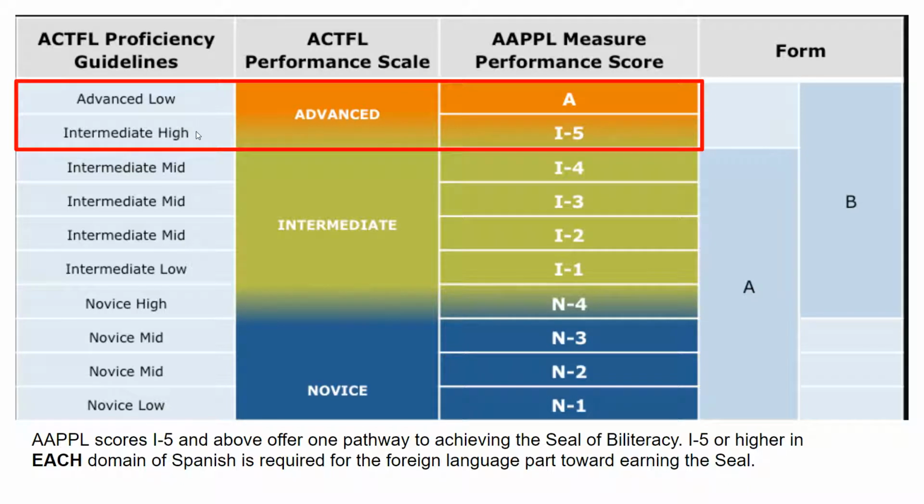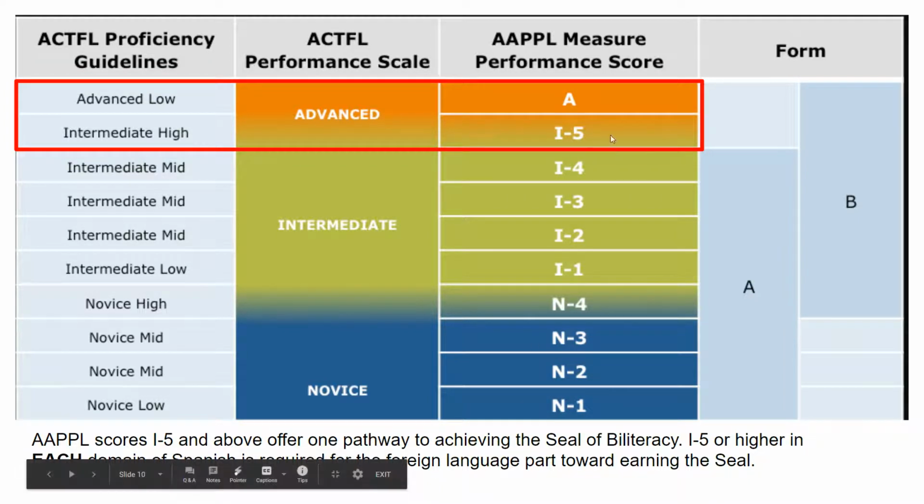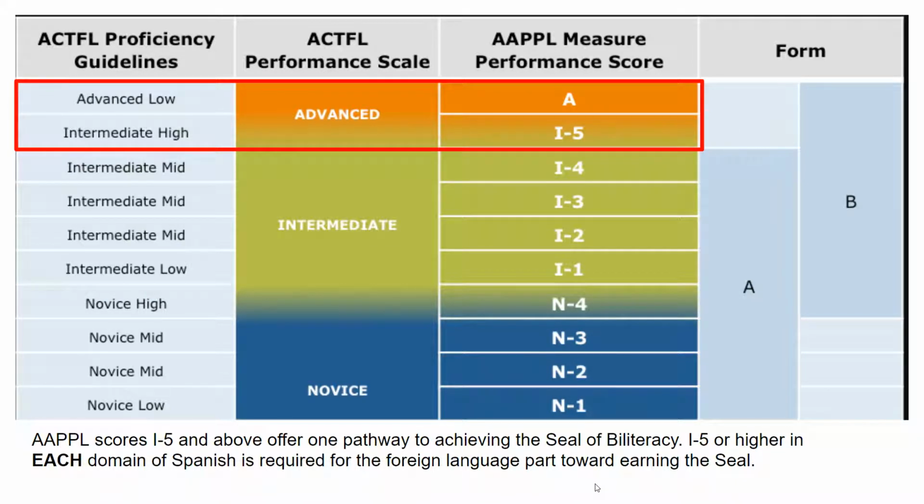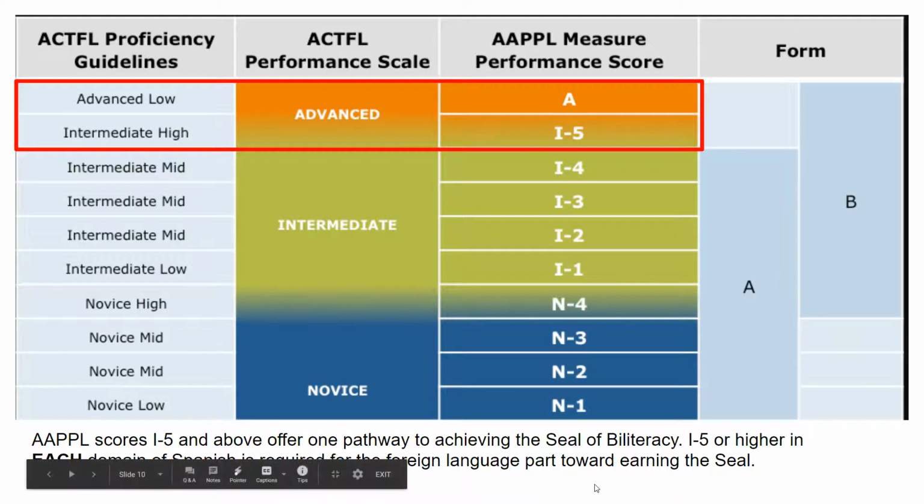These levels are important to watch because these are the levels that students need to achieve in all 4 domains: reading, writing, speaking, and listening, in order to qualify for the seal of biliteracy, which they could earn at high school. In other words, students who receive an I5 level or higher in each of the 4 domains in Spanish could qualify for the seal of biliteracy for the foreign language part of the seal.